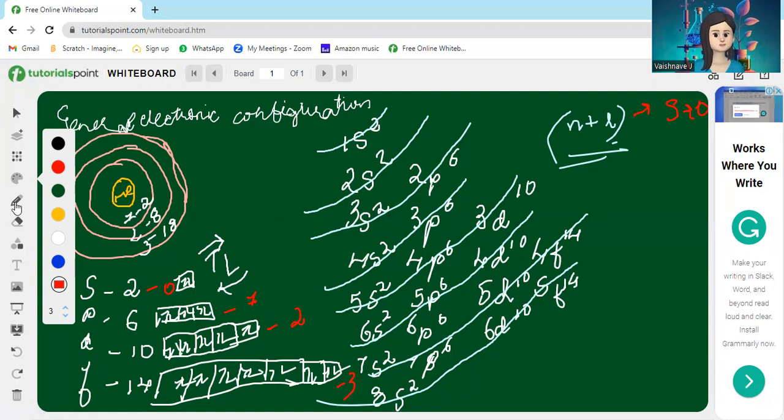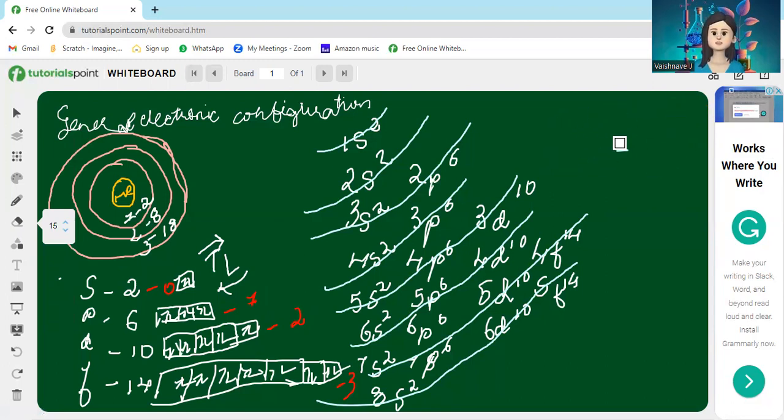Now, to know the n value, it is nothing but the shell number. This is to represent the order; they don't mean they're in shells. The ones I gave are in shells. Now, n plus L value: n here is 1, so 1 plus S, which is 0, is 1.